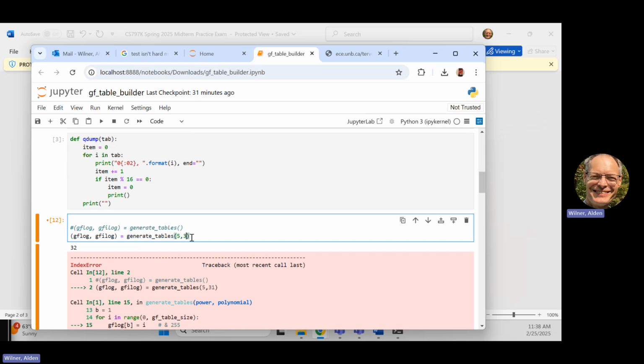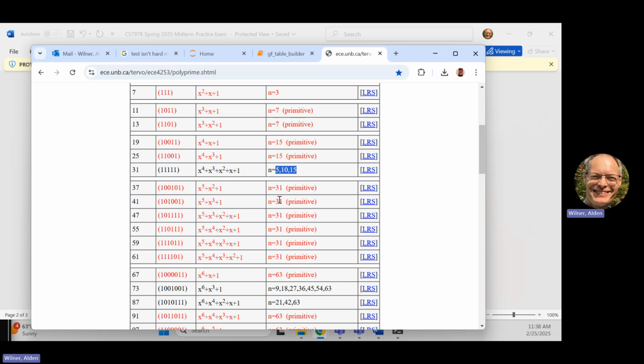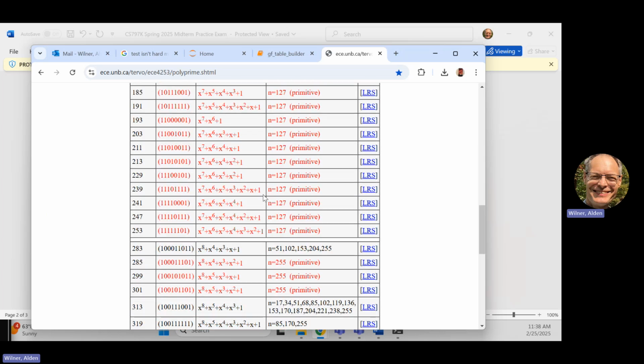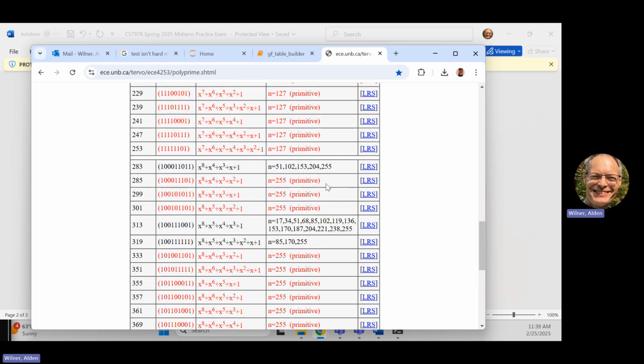But the point being that actually if you start, it'll go 1 through 5, and then it'll repeat starting at 10 and repeat starting at 15 again, right? And so some of these irreducible polynomials can be useful. We get down to this number right here, 283.